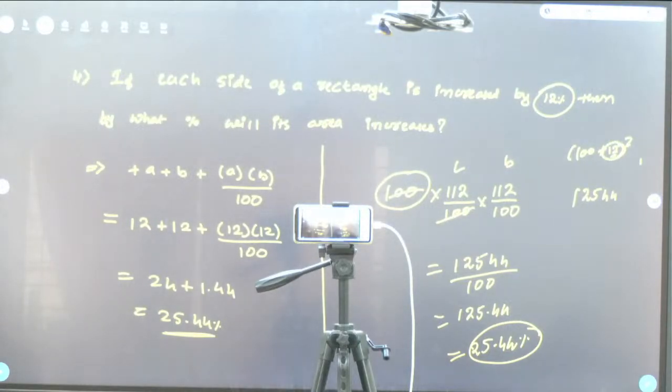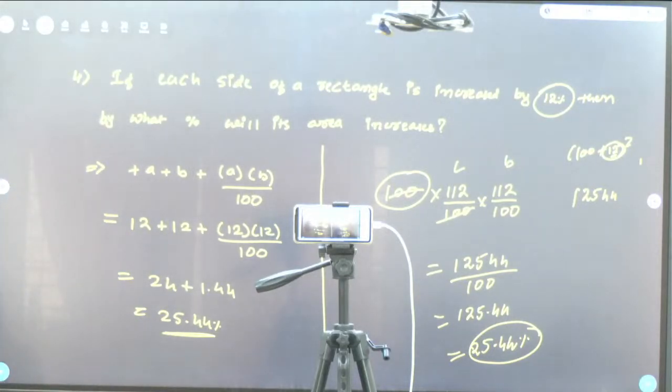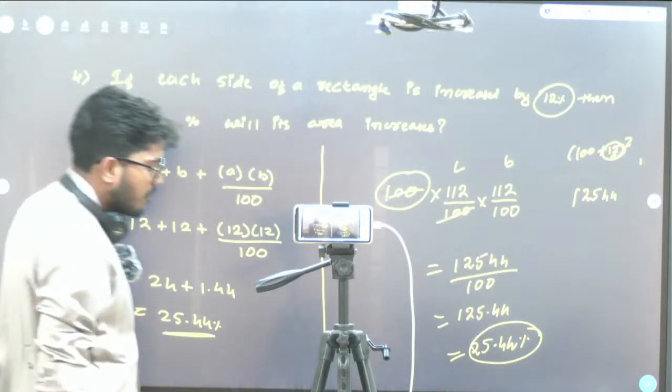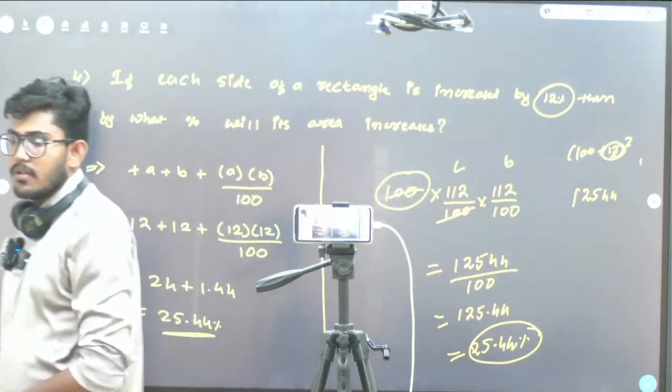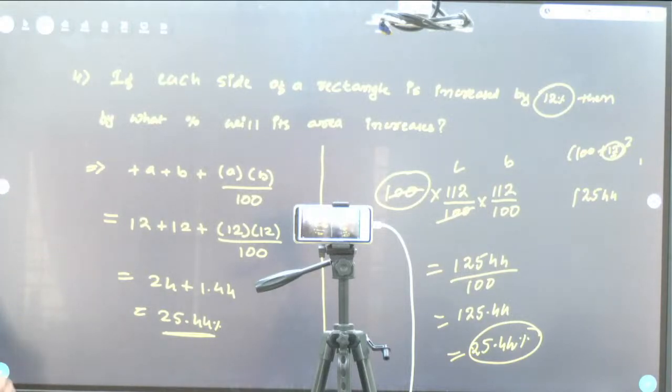Got it. Next question. The population of a city increased by 5%, 2%, and 6% in the first, second, and third year respectively.